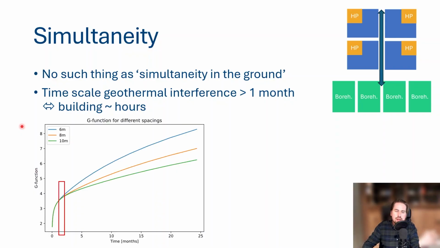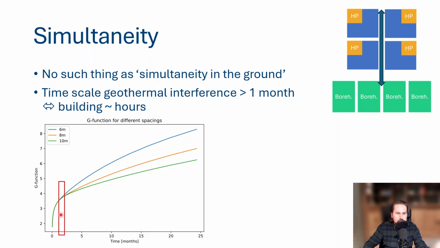And this is visible when we look at the G functions. If you recall, the long-term effects are governed by G functions. You see here that there is a separation between the different borehole spacings, and the point at which the curve for boreholes 6 meters apart separates from the other solutions is exactly the point at which they notice each other.